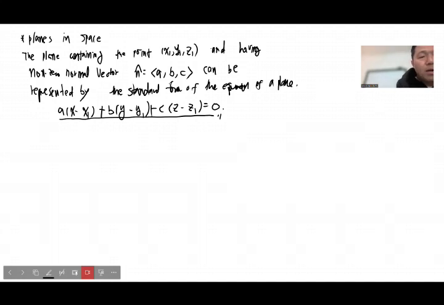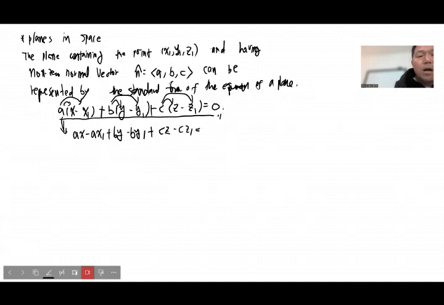So if you expand this bracket, fully extend that expression out of the bracket, then it should be Ax. So you plug the A, B, C coefficients into the bracket and expand the terms out of the bracket. Then that should be Ax minus Ax1 plus By minus By1 plus Cz minus Cz1.